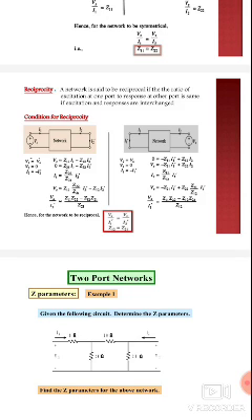Condition for reciprocity. Here we write the Z parameter equations, and reciprocity means only interchanging voltage and current values.